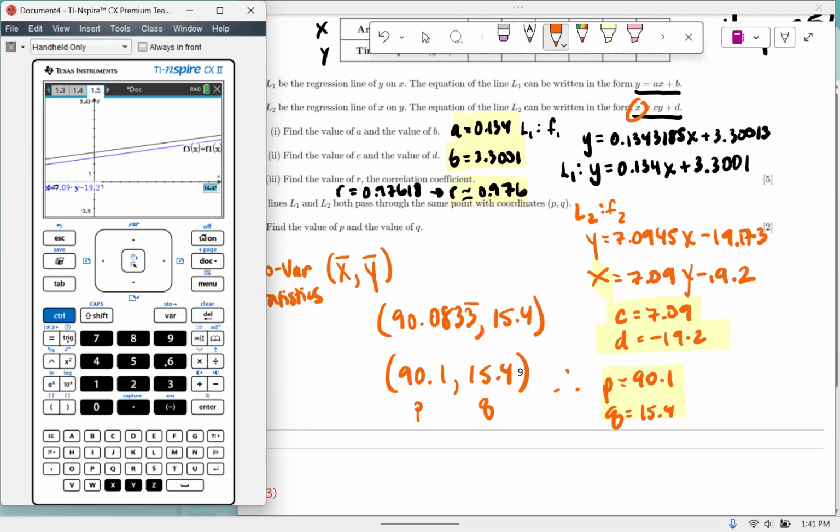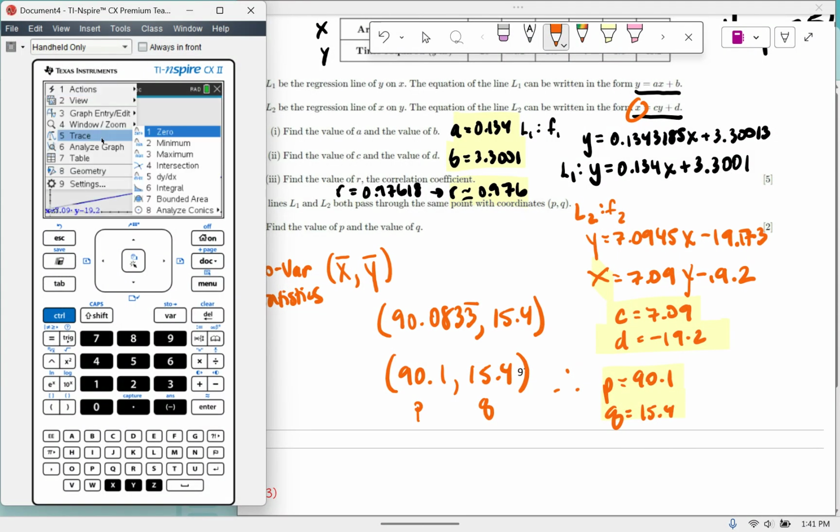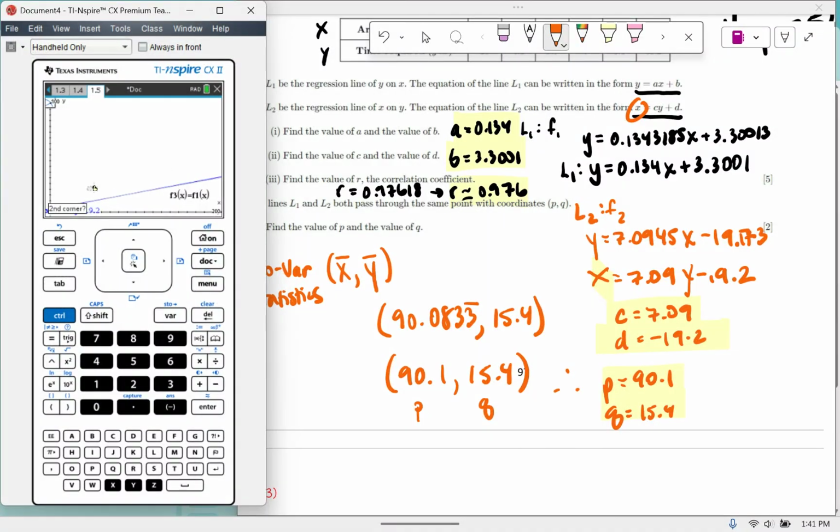Let's add a bunch of stuff over here and a bunch up here. There we go. So you see how it's really close, but it's not exact?